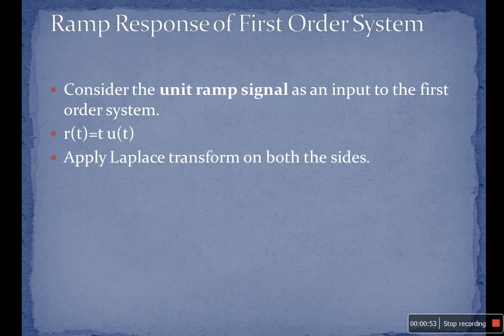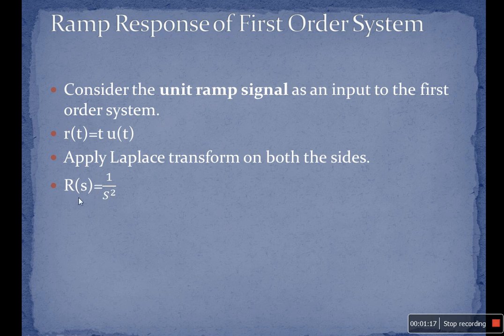Whenever I apply the Laplace transform on both sides, R of s becomes 1 by s square. The Laplace transform of the input signal R of t is R of s, and the Laplace transform of t into u of t is 1 by s square.